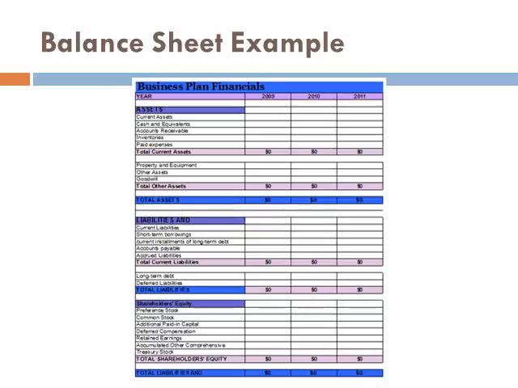So all the assets that you own had to be paid for somehow, and so those are going to be reflected under liabilities, the debt that you have, or the shareholders' investments in the company.